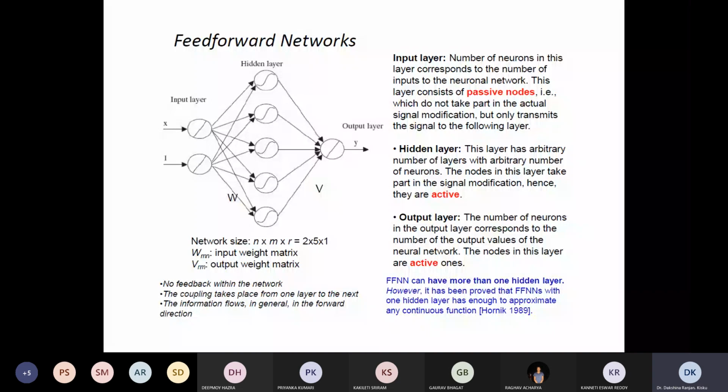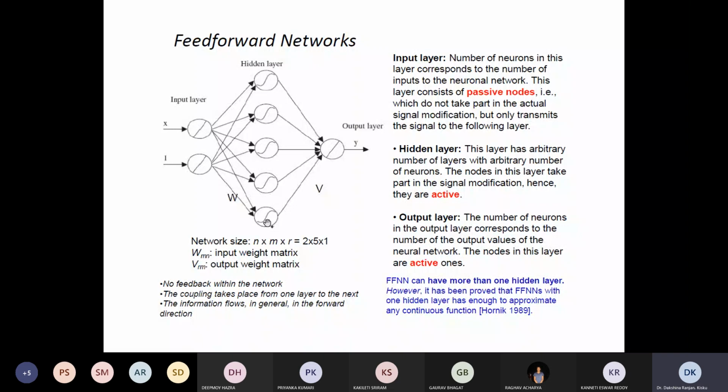When this output is generated, it is then transmitted to the output layer. So each neuron in the hidden layer has two functionalities: one is aggregation, another is activation.